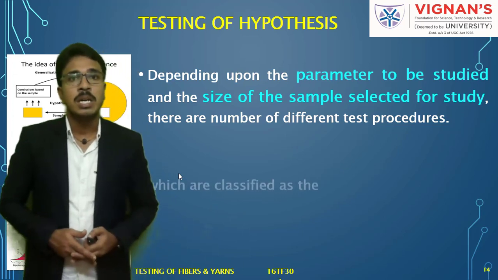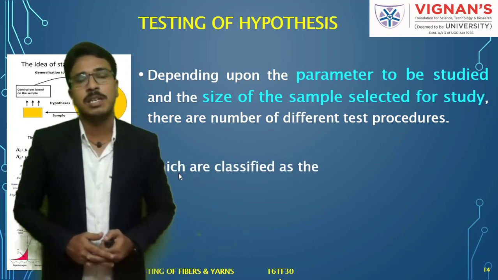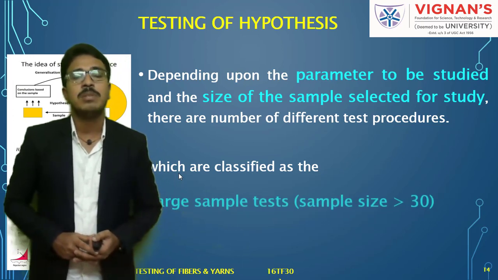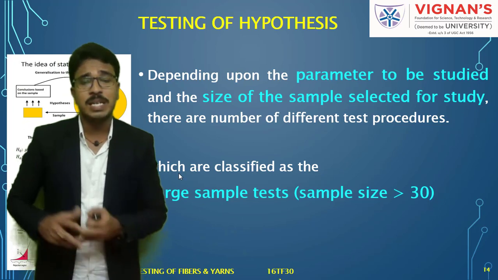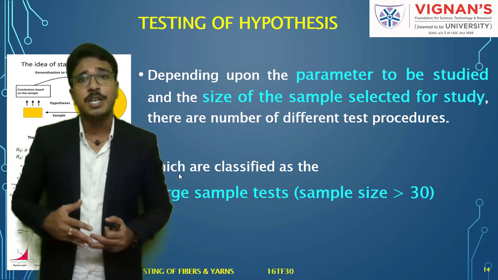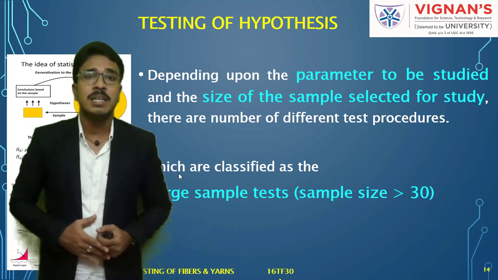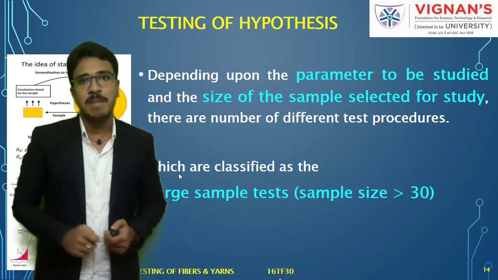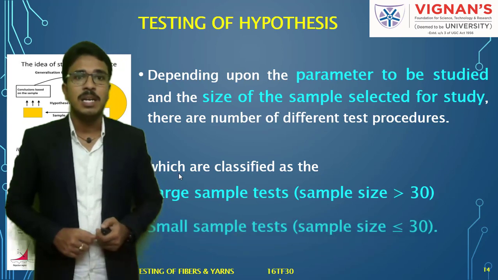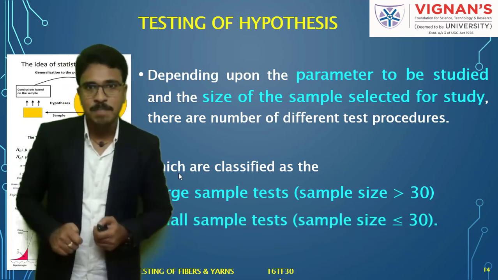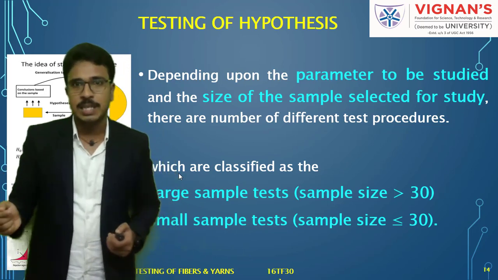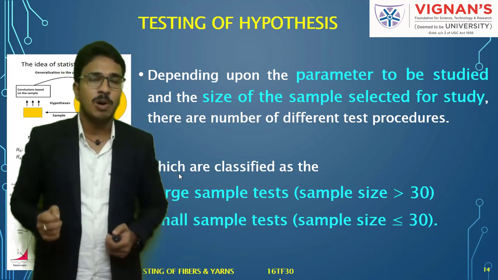In the last class we discussed the criteria for sample size. If the sample size we select from the population is more than 30, we call it a large sample. If the size of the sample selected is less than or equal to 30, we call it a small sample.